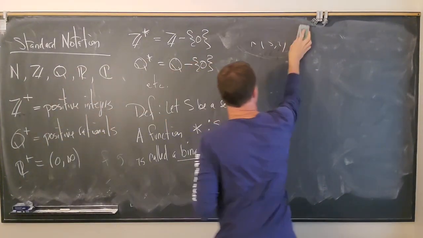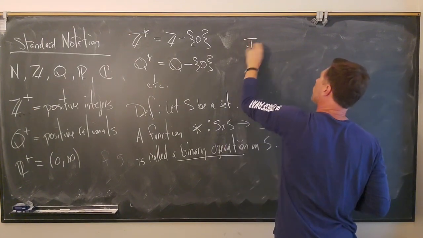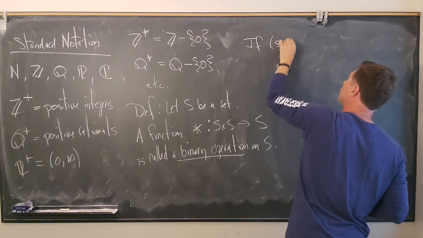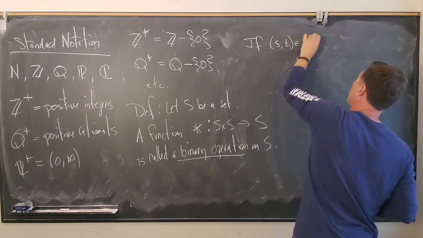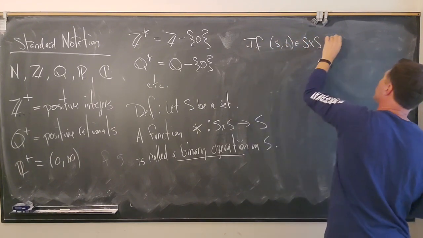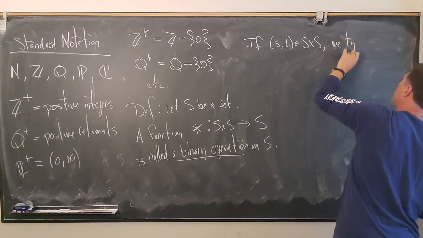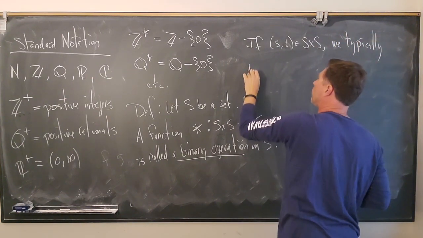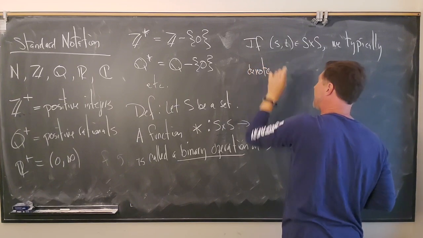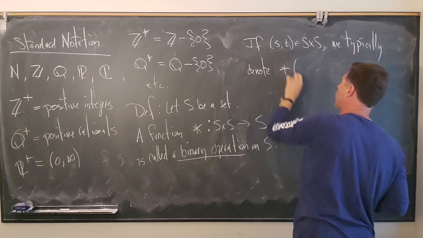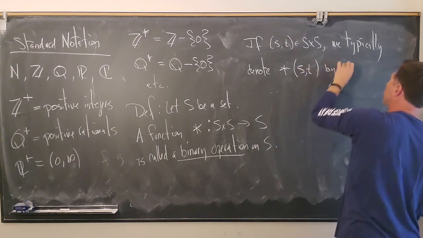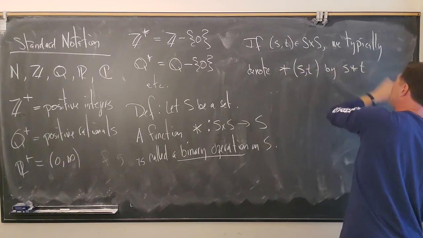So let me write it like this. If, say, (s, t) is an element of S cross S, we typically denote the output of the function, star of (s, t), by s star t.